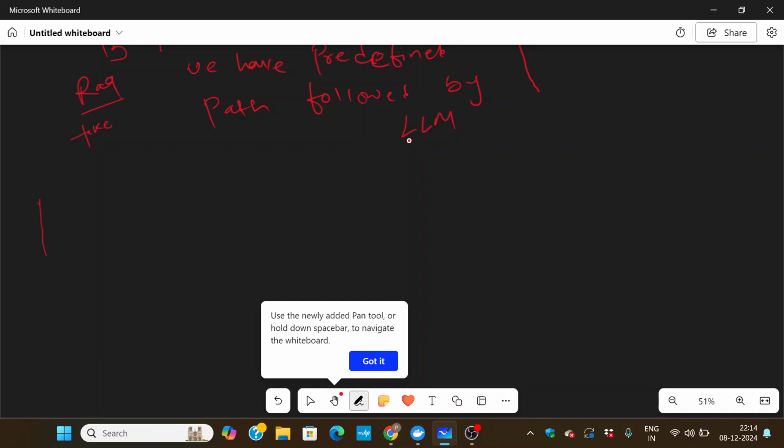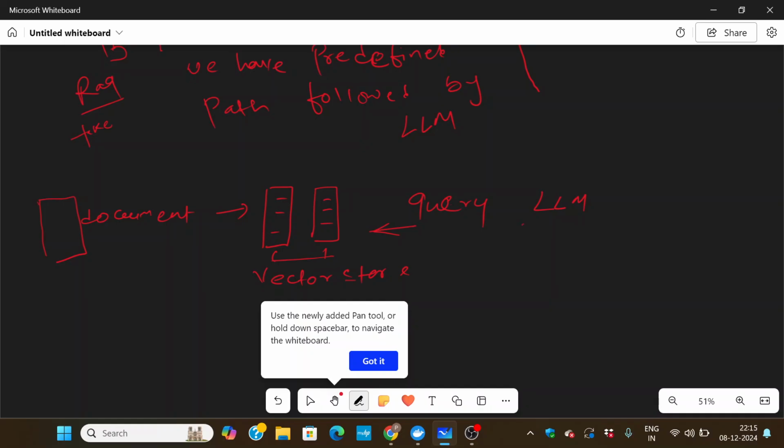We have a whole set of documents. We vectorize them and keep them in the form of vectors in a vector store, and then we query using LLMs.